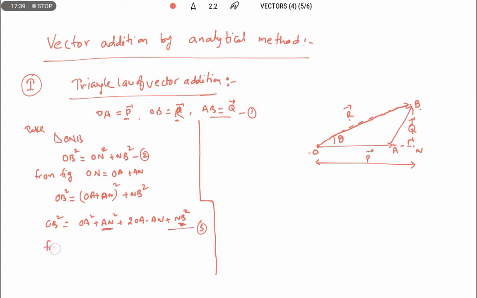Right, from right angle triangle ANB, our aim is to find what? AN and NB. So this vector makes an angle, I am taking it as alpha. This angle is alpha.